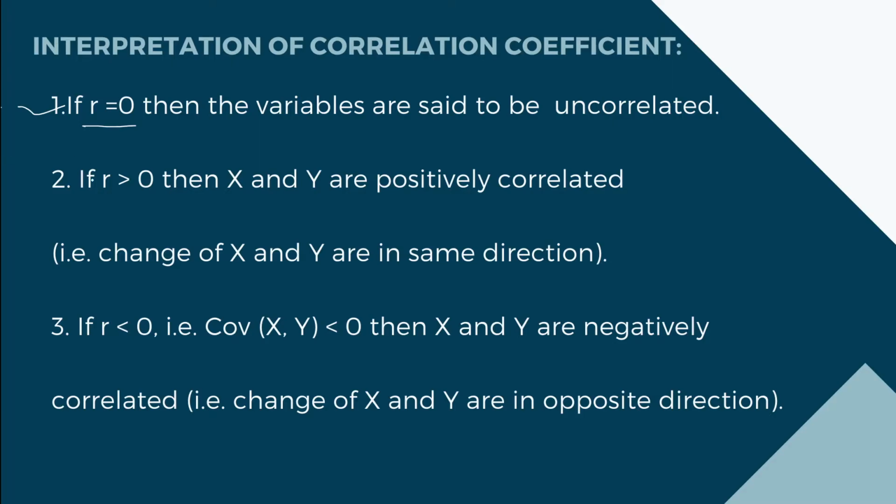Suppose if r is greater than 0, positive, then x and y are positively correlated. That is, change of x and y are in the same direction. As one increases, the other variable must increase. Similarly, if one variable decreases, the other must decrease.